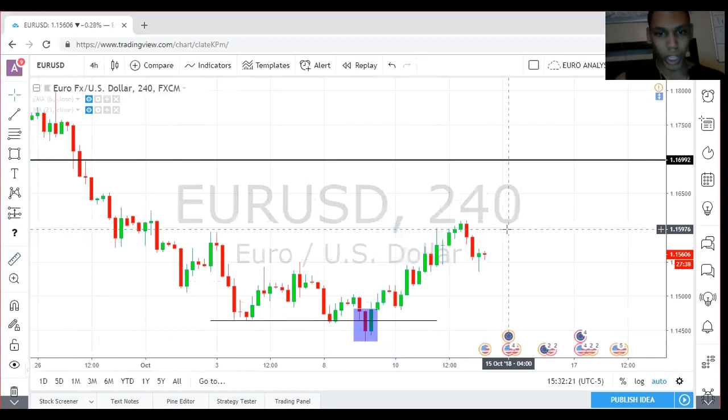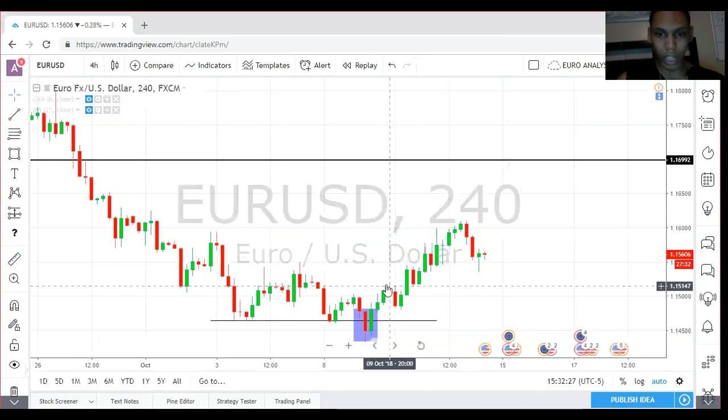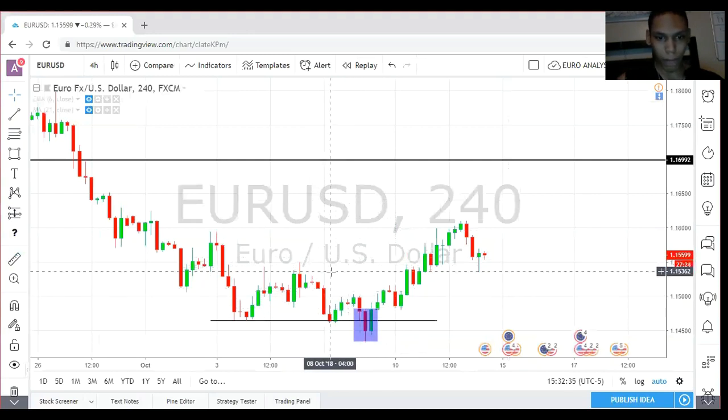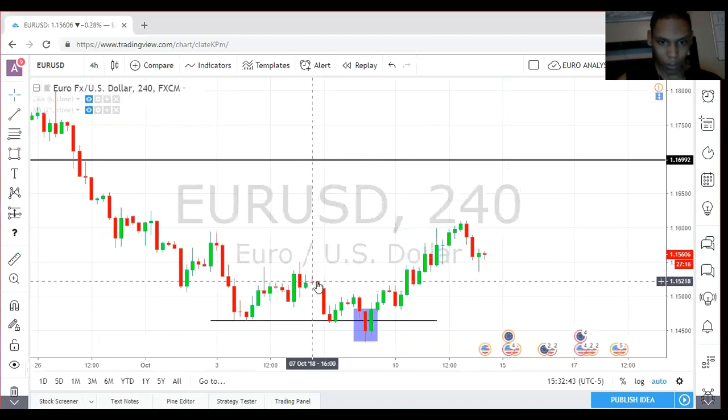This is on a weekly chart, but you would have caught it. You would have caught this entry at the beginning of this week, which technically was right here, I believe. Today's the 8th.